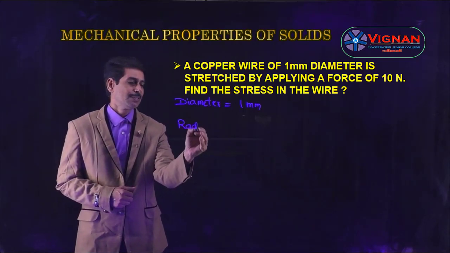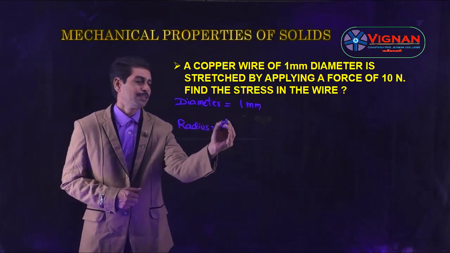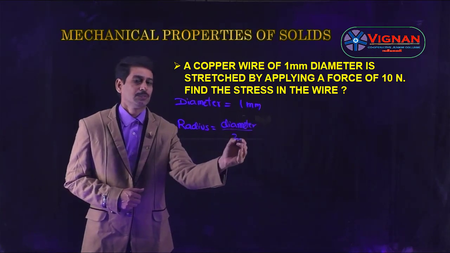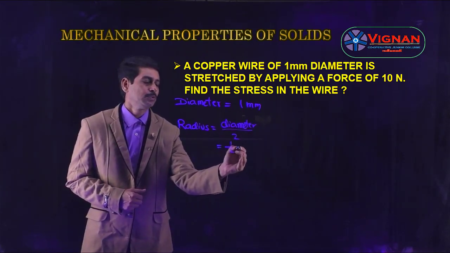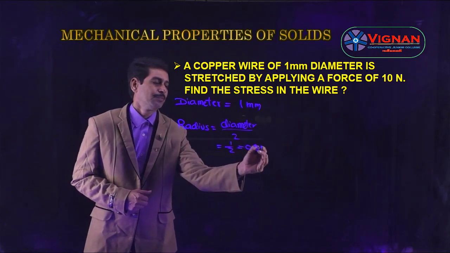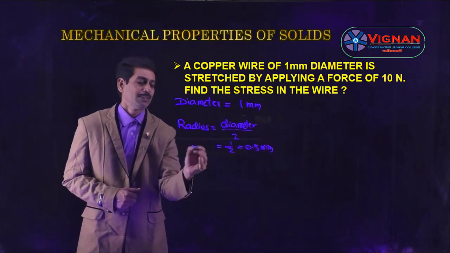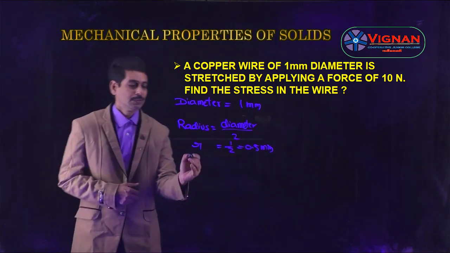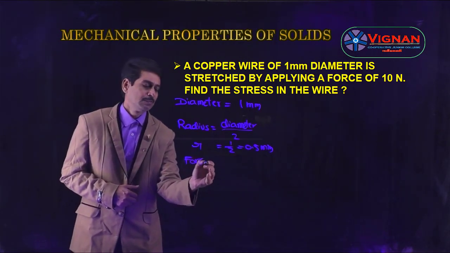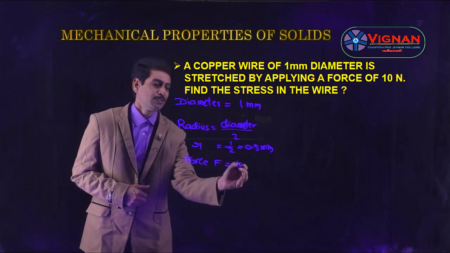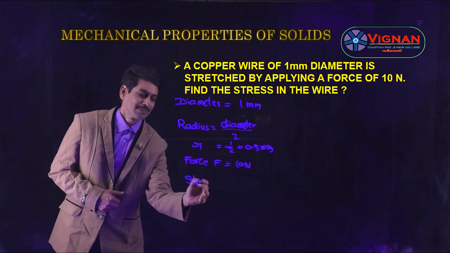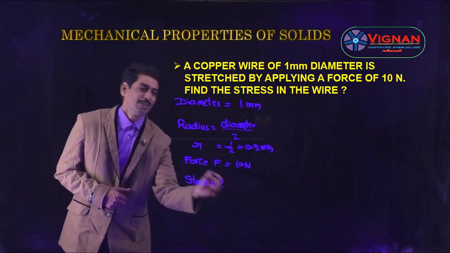Radius is nothing but diameter by 2, which is 1 by 2, equal to 0.5 millimeter. So this is the radius r. And a force F is given as 10 newtons. And we are going to find the stress in the wire.